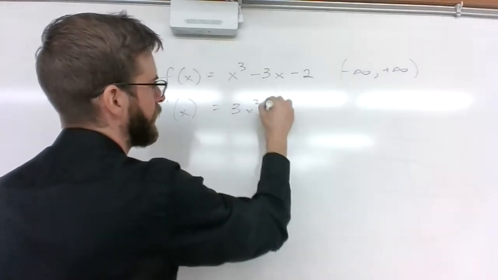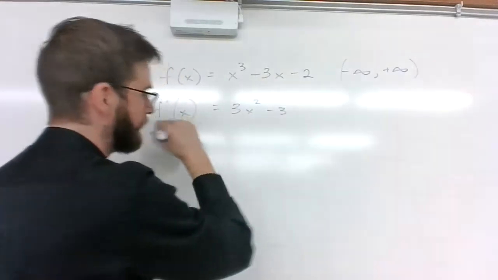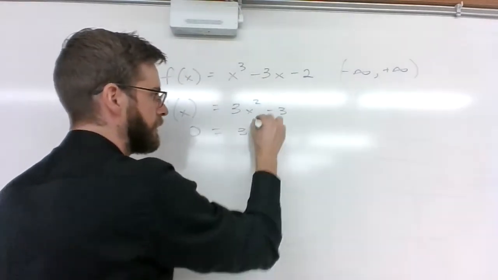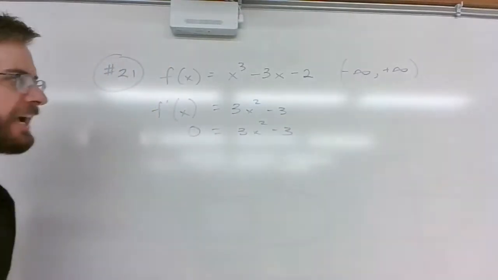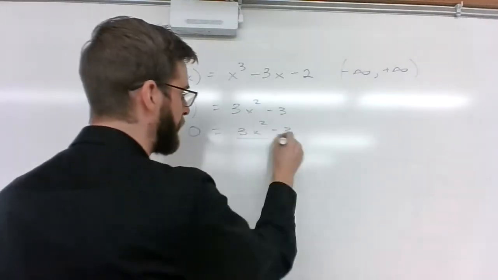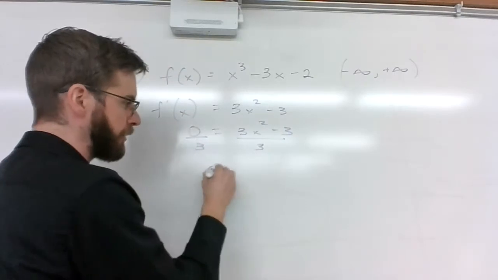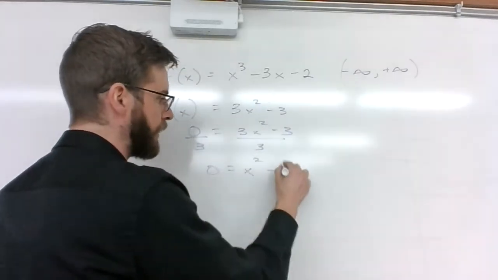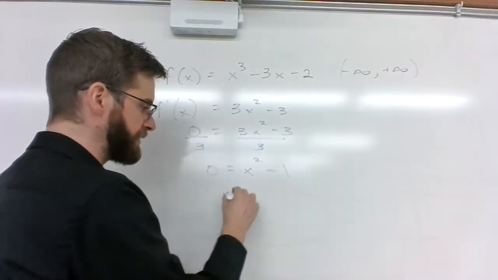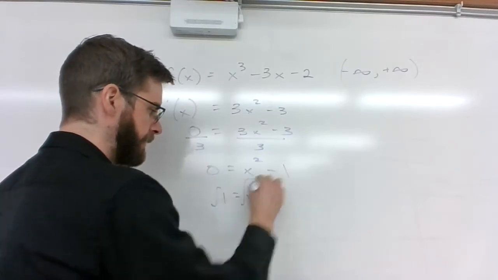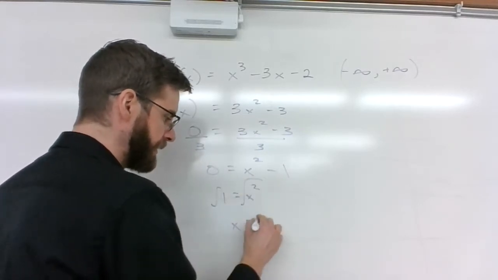You get 3x squared minus 3 plus 0. You can divide both sides of the derivative by 3, just to make things simpler computationally. You get x squared minus 1. Add 1 to both sides. Don't forget your plus or minus.